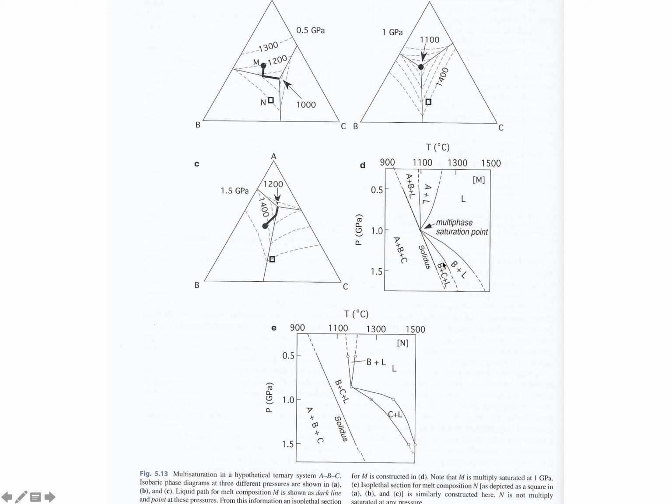If we cross the solidus curve, then at higher pressures we have phases B and C and liquid, and at even higher temperatures we have only phase B and liquid. If we go to lower temperatures and lower pressures, we have A and B and liquid, and here only A and liquid, and here just liquid. That is the dependence, how it is related to the pressure and temperature relationship.